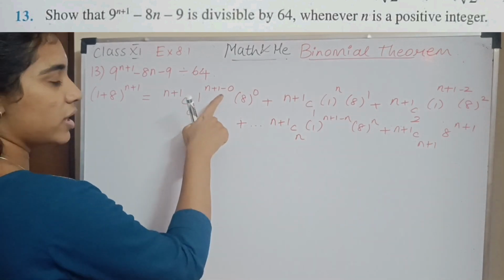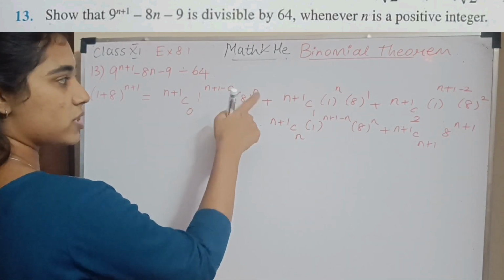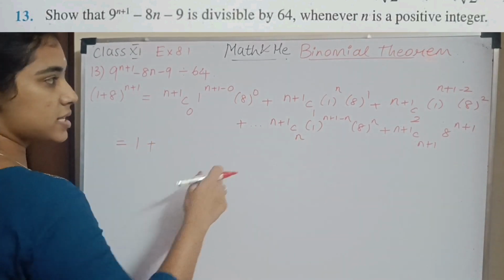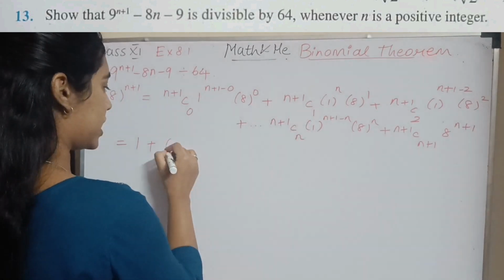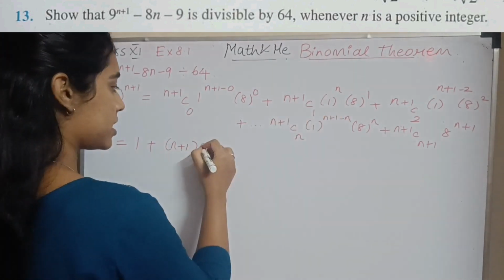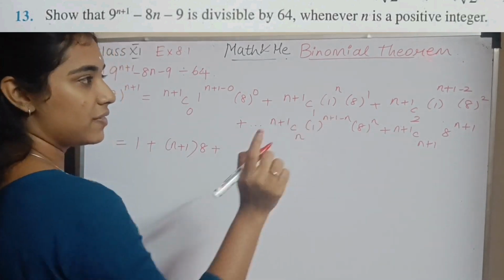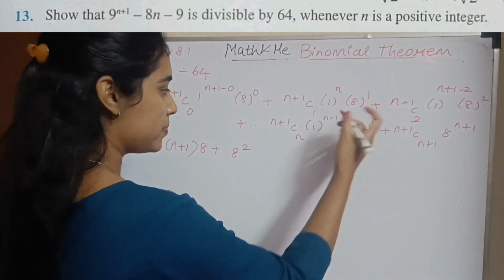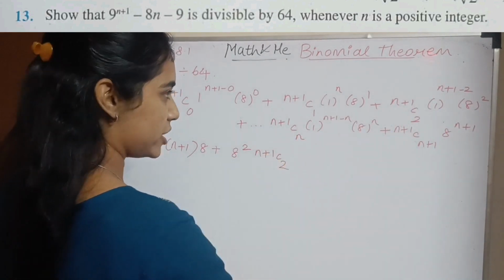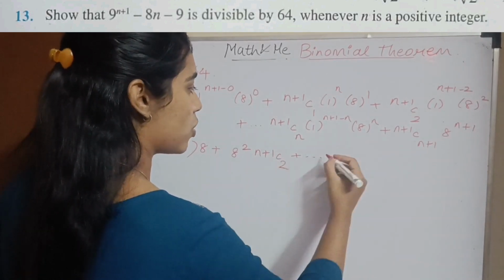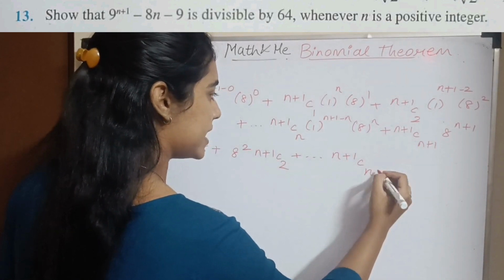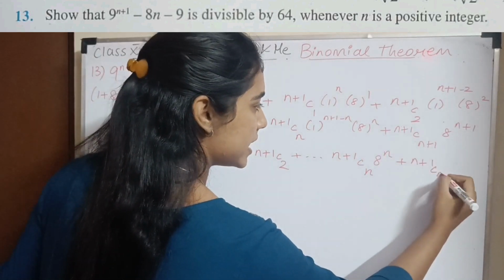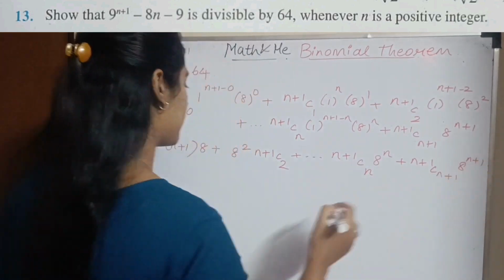So what do I have? nc0 is 1, 1 raised to any number is 1, 8 to the 0 is 1. So the first term is 1, plus n plus 1 c1, which is n plus 1 itself, times 8, plus I leave the other terms just like that. So I have 8 square, 1 to the power anything is 1, times n plus 1 c2, plus and so on, n plus 1 cn times 8 to the n, plus n plus 1 c n plus 1, 8 to the power n plus 1.